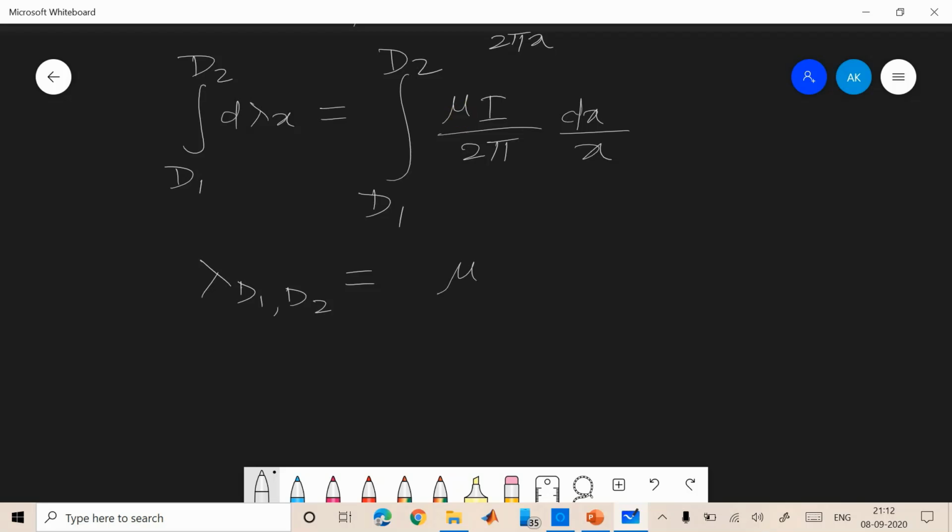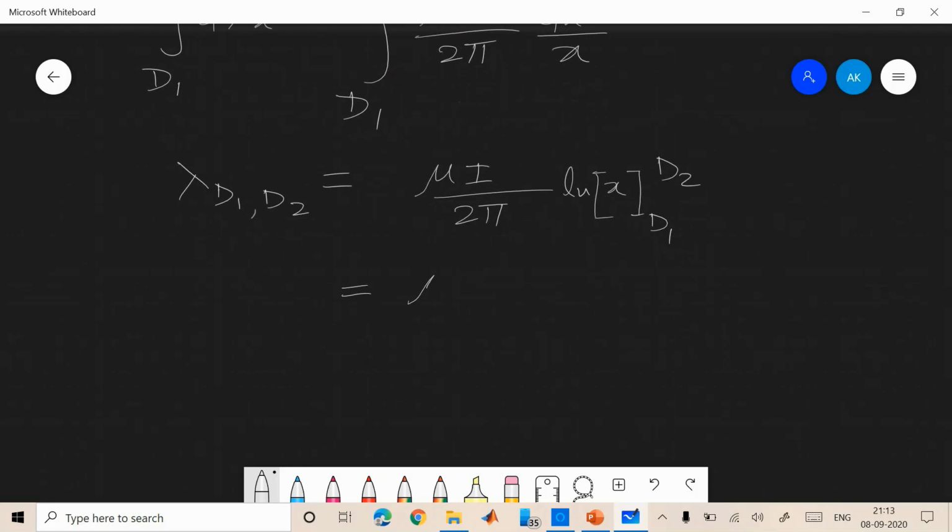Here mu I over 2 pi is a constant term, so it comes outside. 1 by x dx integrates to ln x, and your limit will be from D1 to D2.